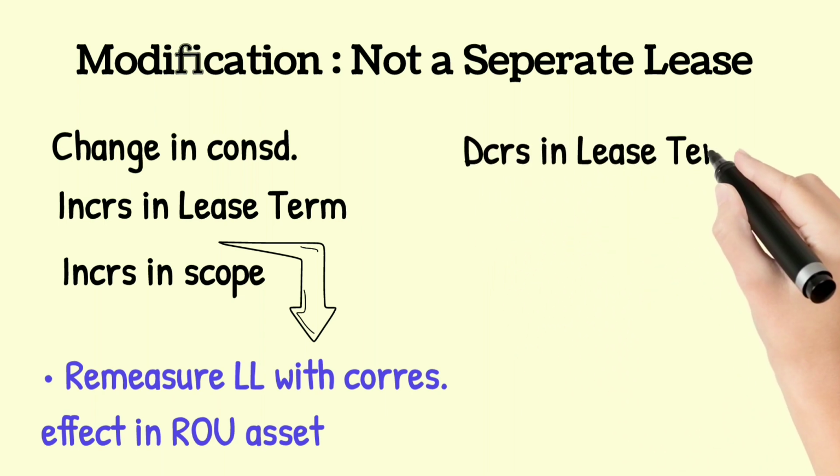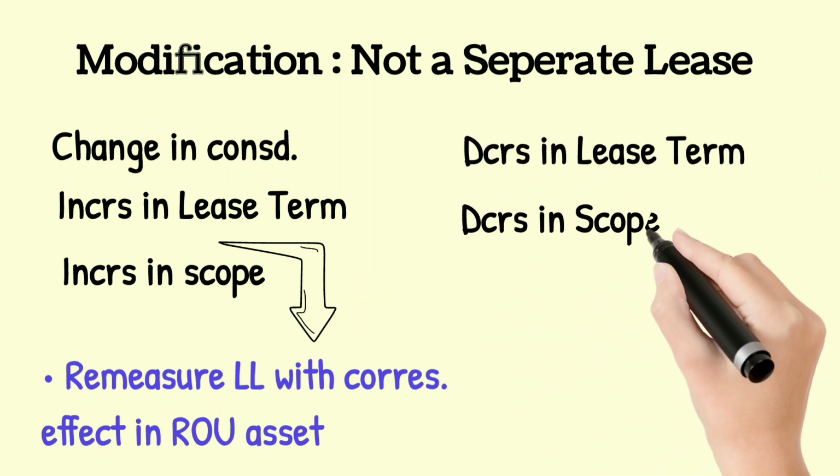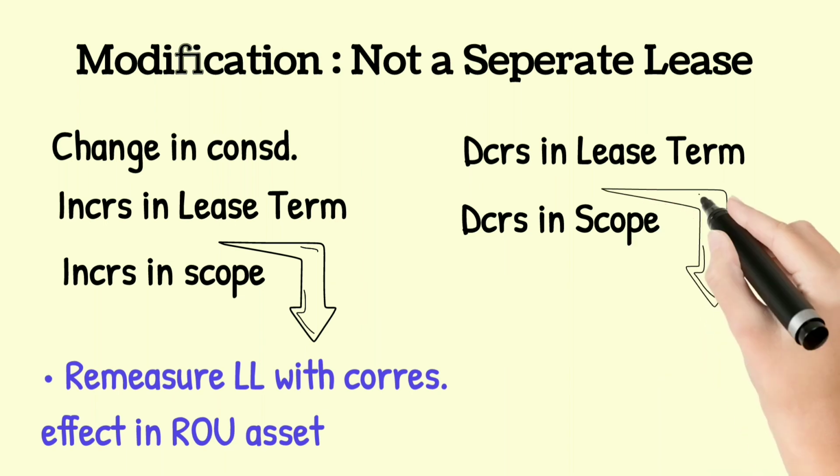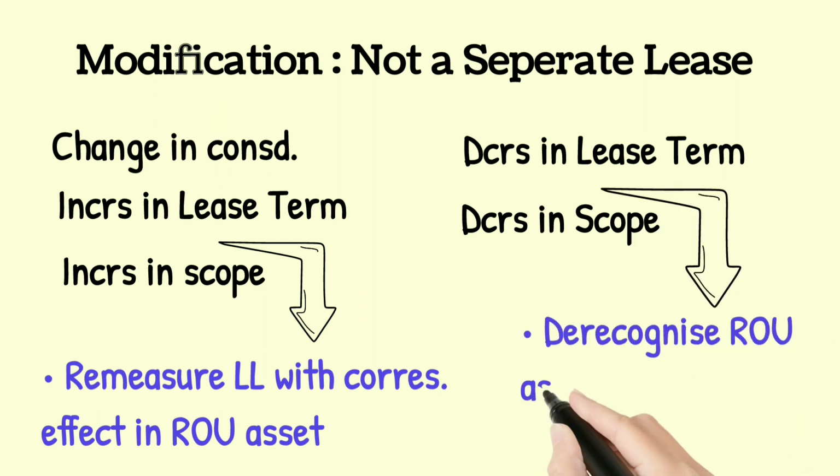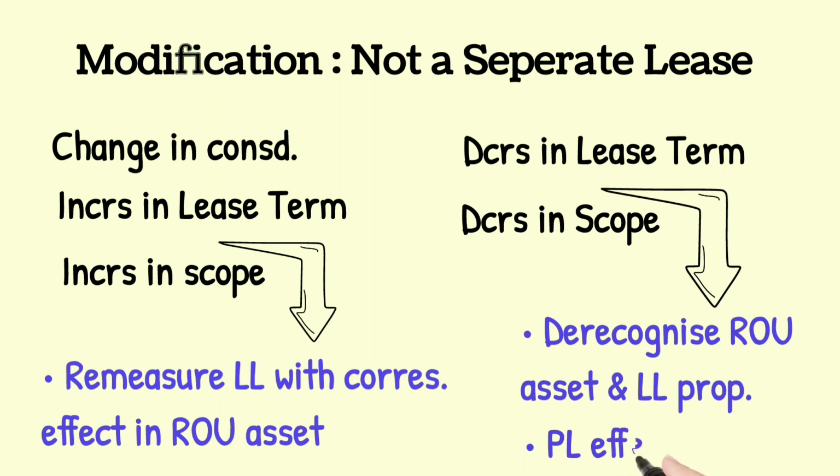But if it is a case of decrease in lease term or decrease in scope, then we need to recognize the PL effect also. First we will de-recognize the lease liability and ROU asset proportionately to reflect the partial or full termination of the lease, and then recognize in the PL the gain or loss on termination of the lease.